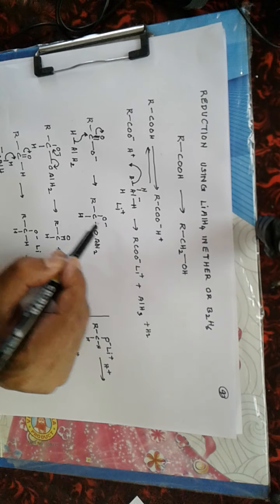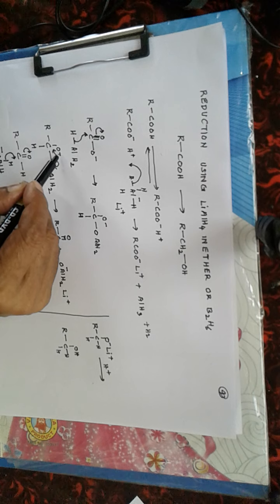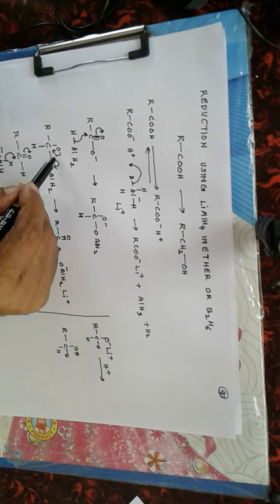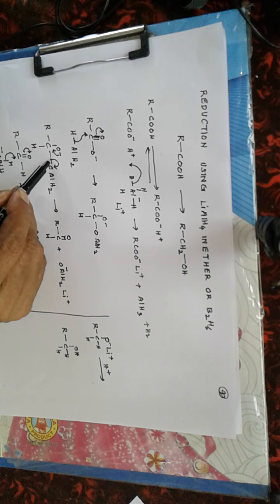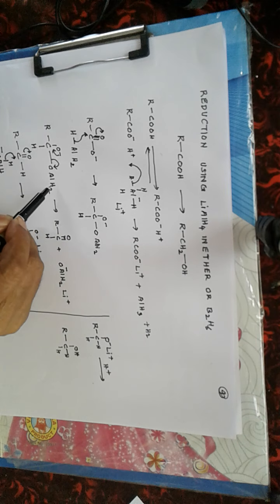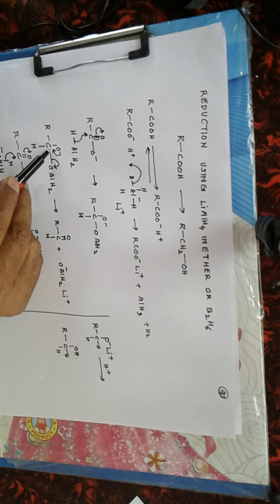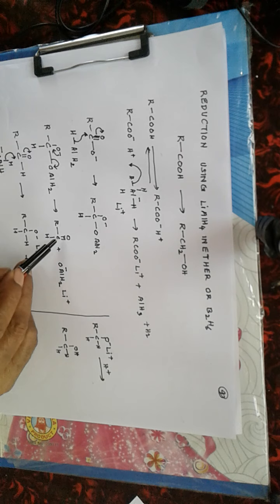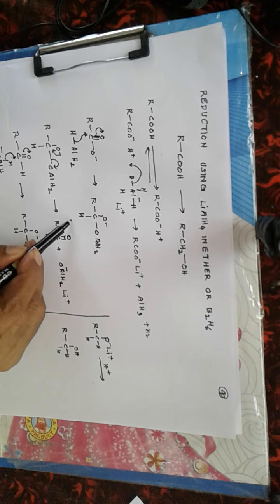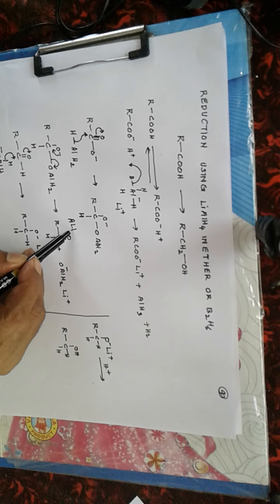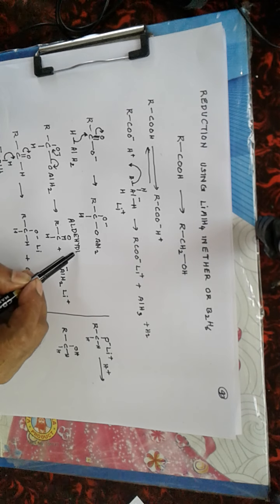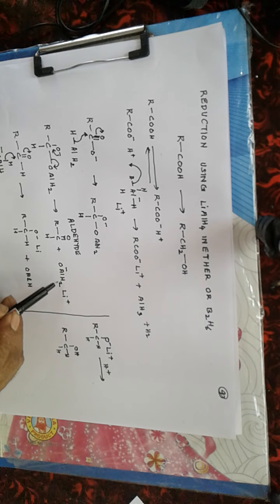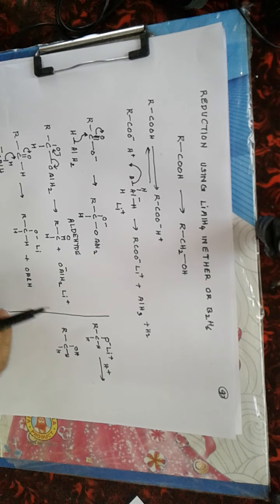Then this lone pair over the oxygen atom will shift in between this carbon and oxygen, creating a bond, so that this portion is removed as OAlH2 negative, because the valence of carbon has to be maintained. So we get RCHO, it is called aldehyde. So first stage reduction results in the formation of an aldehyde and OAlH2 negative, Li positive.